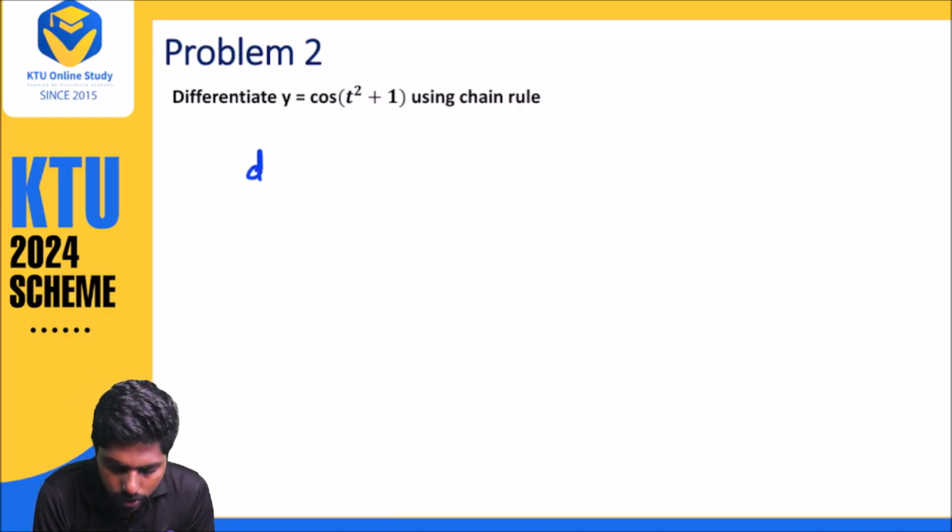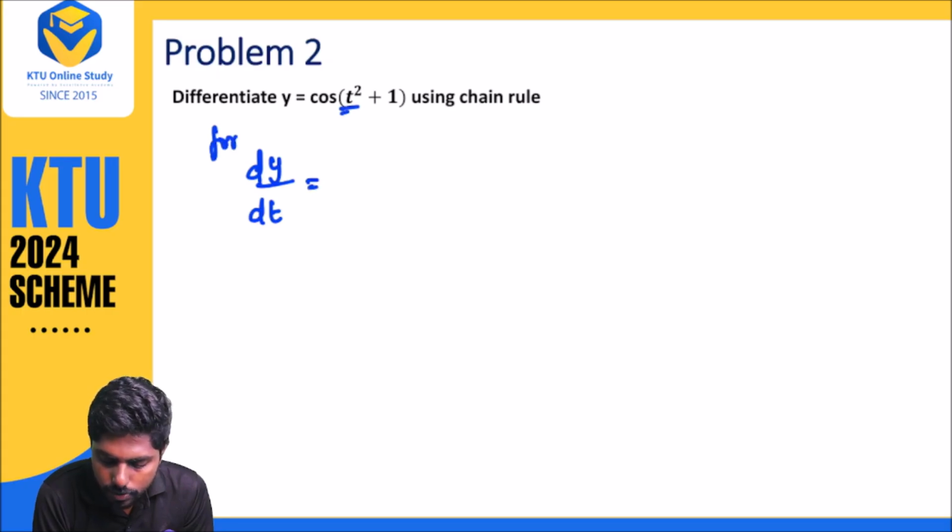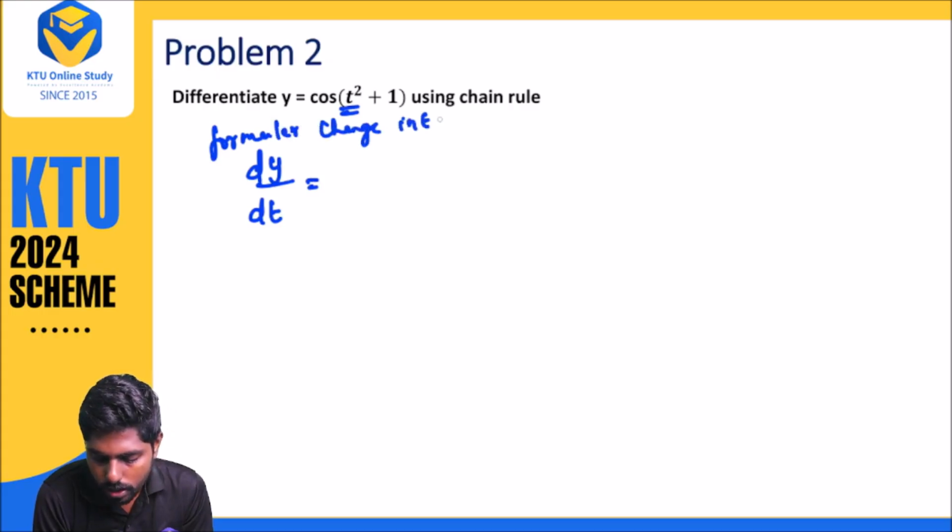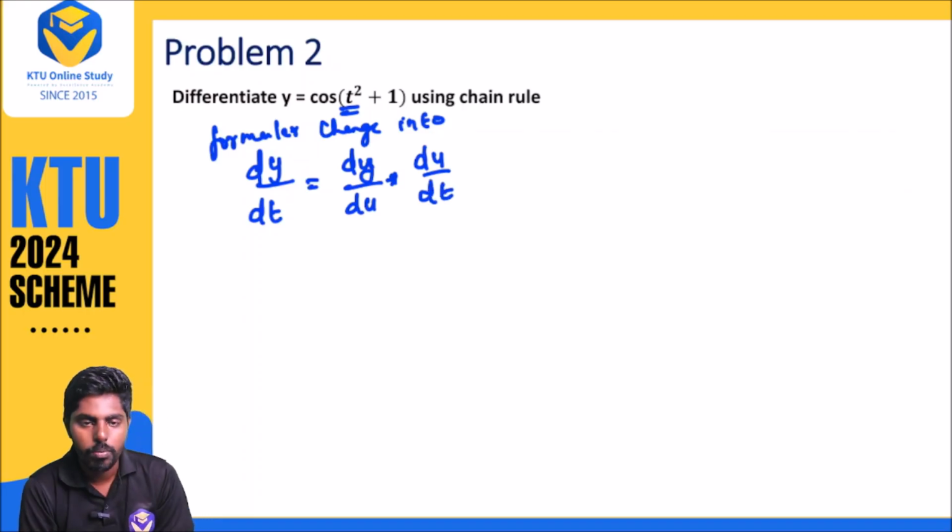The formula will be dy/dt is equal to, the formula is changing because they have given with respect to t only, so the formula will change into dy/du into du/dt. This is the way this formula will be changing.